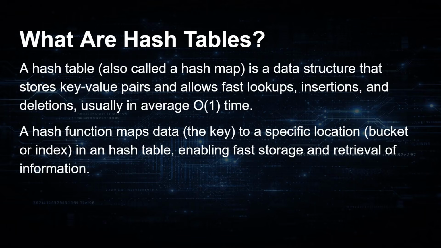Now, a hash function maps the data to a specific location in a hash table, enabling fast storage and retrieval of that information. So you want to put something like a name and address into a hash table. You use the hash function, you get this kind of unique key that's 5 or 6 bytes long, whatever, could be even longer, and then you're able to put the data in that part of the table.